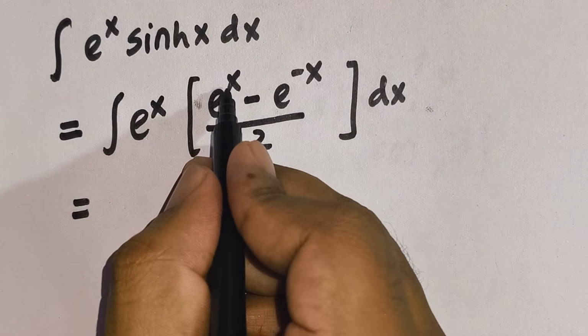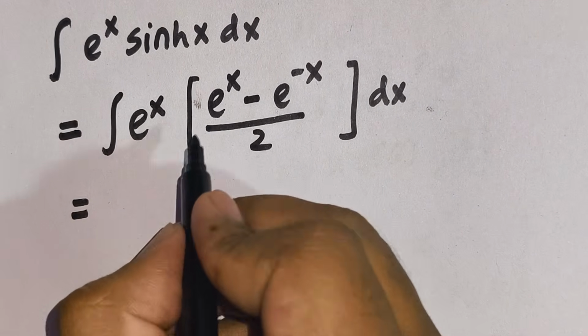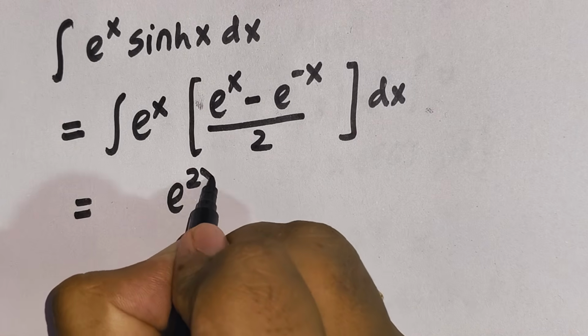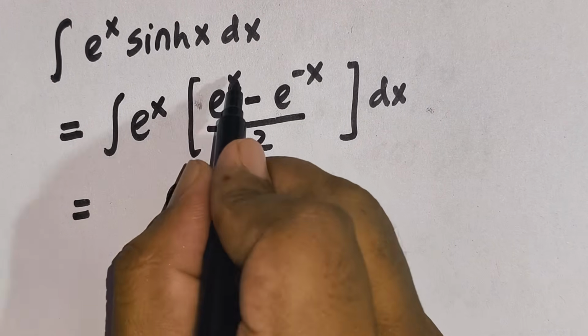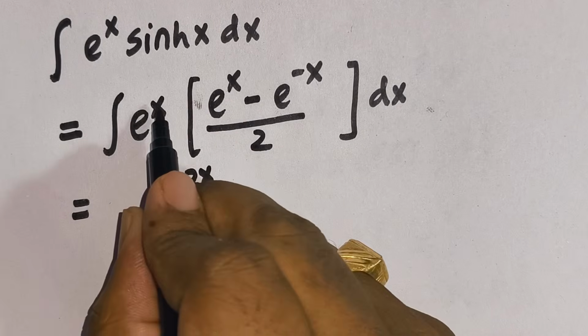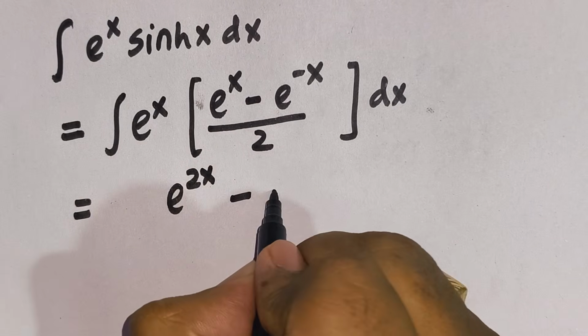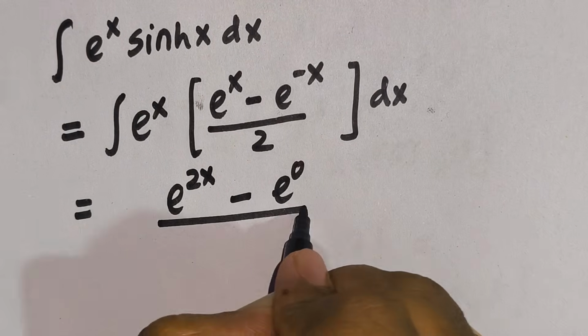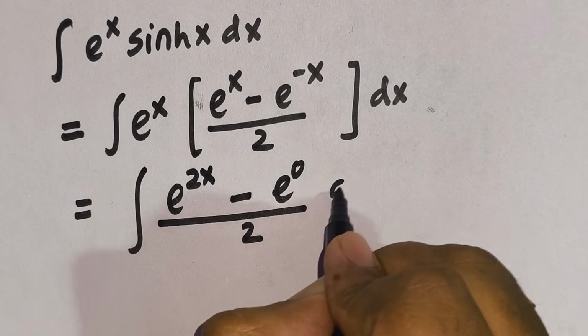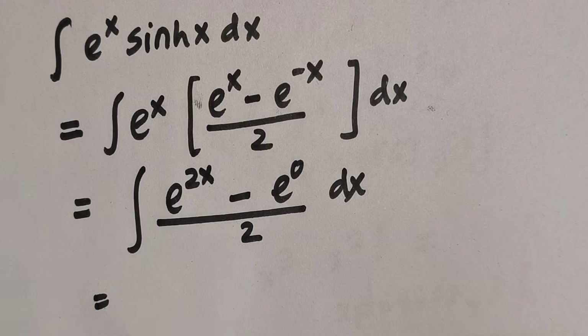multiplied by e to the power x. e to the power x times e to the power x is e to the power 2x, since exponents are added, x plus x is 2x, minus e to the power x times e to the power minus x, that is x minus x, which is 0, whole divided by 2 dx.